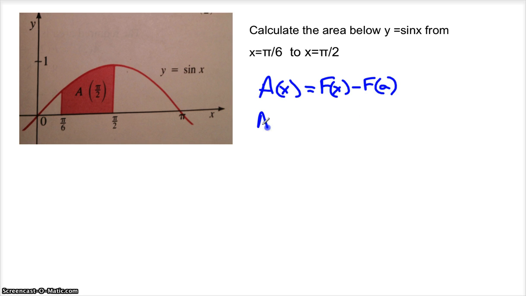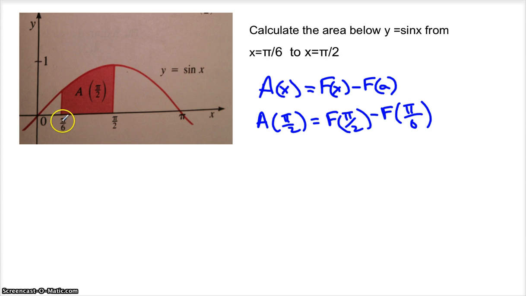In this example, it will be A(pi over 2) equals F(pi over 2) minus F(pi over 6). So your left bound pi over 6, your right bound pi over 2. There it is right there. So let's figure out the antiderivative here. Antiderivative of sine x is negative cos x.